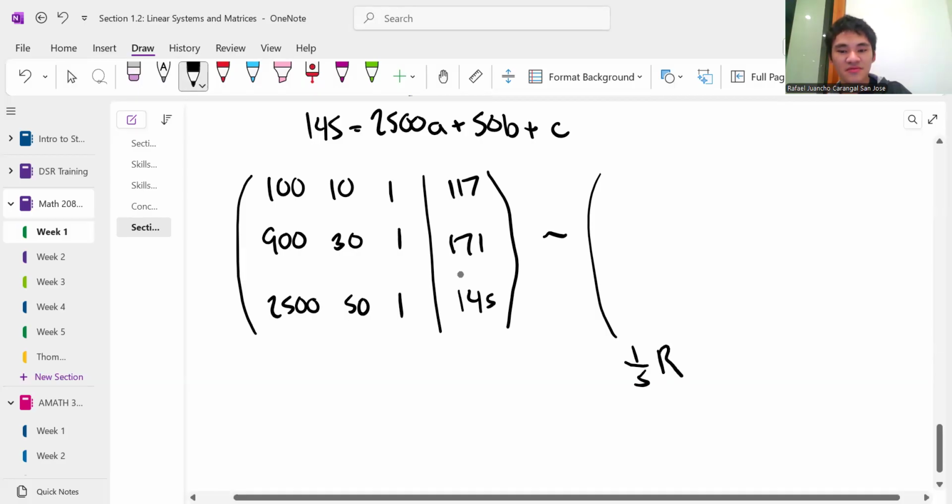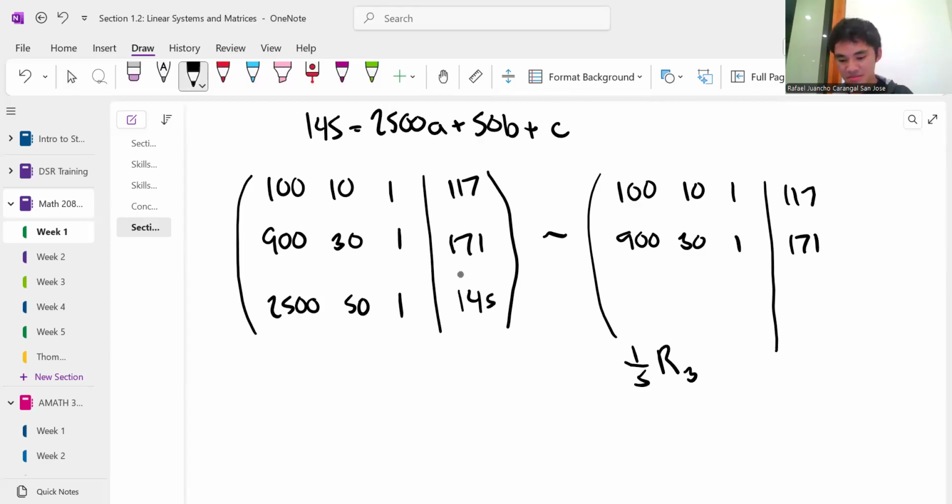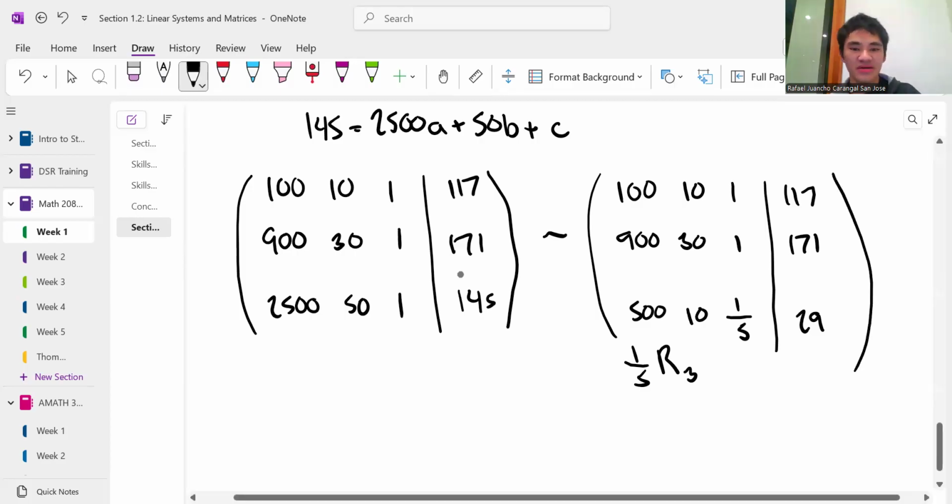So I'm gonna multiply 1/5 to row 3. What else can I divide? Can't divide these, no? Then okay, I'm just gonna do one thing here, I guess. Now I divide this: 25 is 500, so I'm dividing 25 by 5. 50 by 5, that's 10. This is 1/5. This is 29. Right, just to simplify.